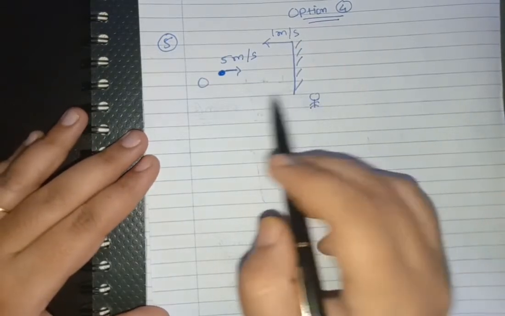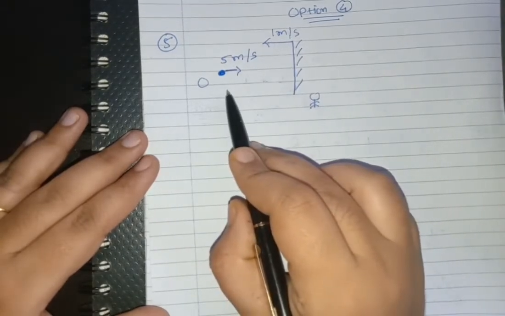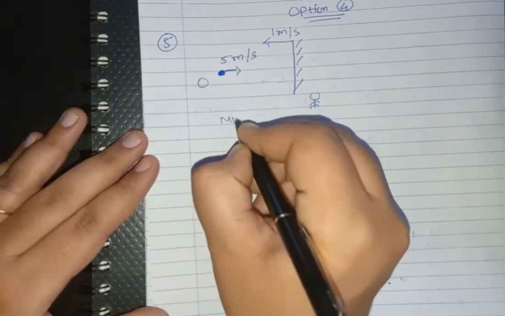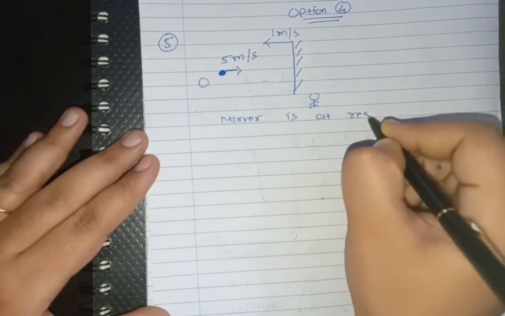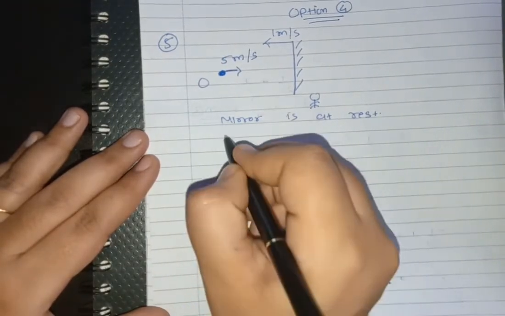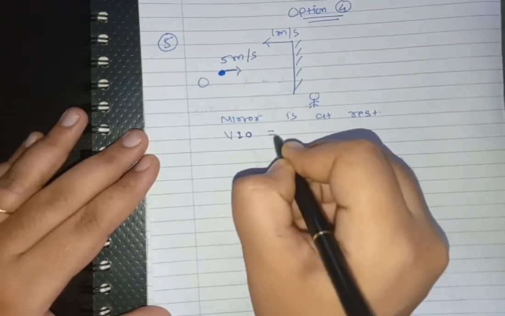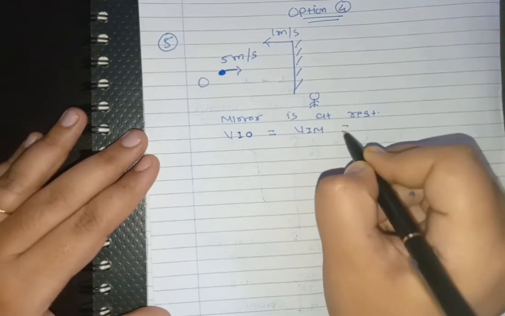Here 1 by 1 we will keep one of them at rest. In first case, let's say mirror is at rest. So velocity of image with respect to observer will be equal to velocity of image with respect to mirror.